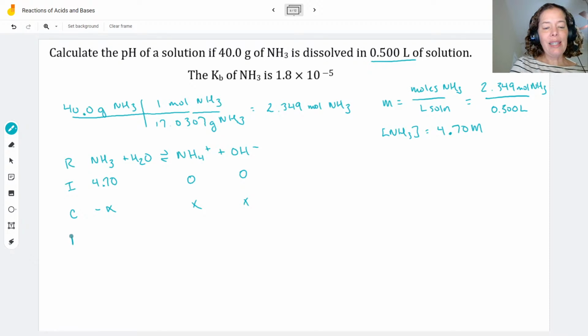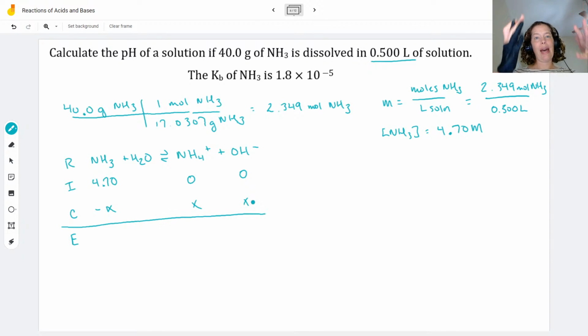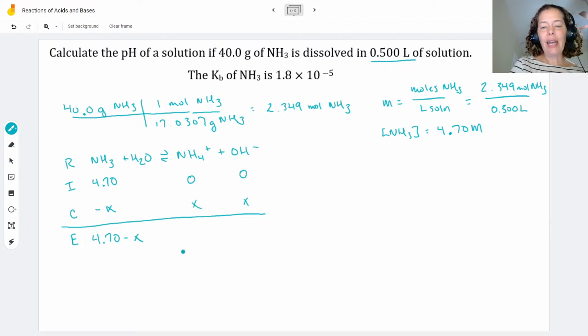So E is equilibrium, which means I am just going to add down the columns. So equilibrium for ammonia is 4.7 minus X. Equilibrium for ammonium cation is again 0 plus X. I'm just going to write X, and I'm going to write X for hydroxide here.